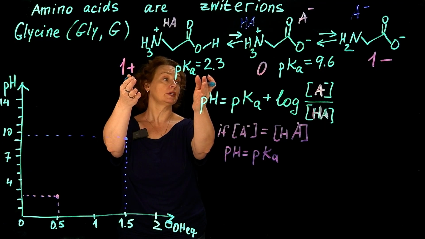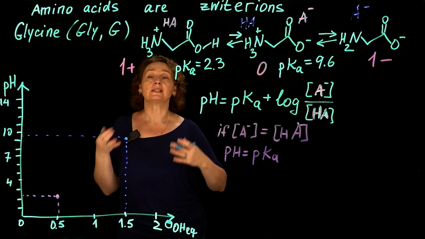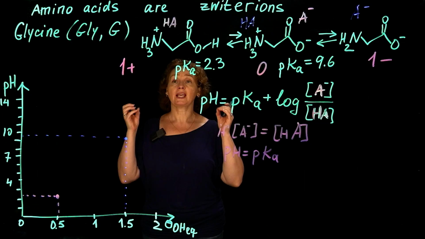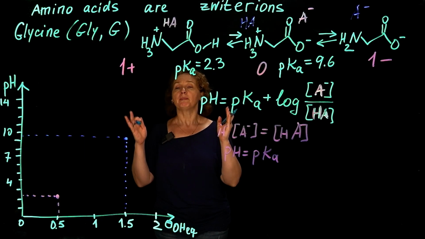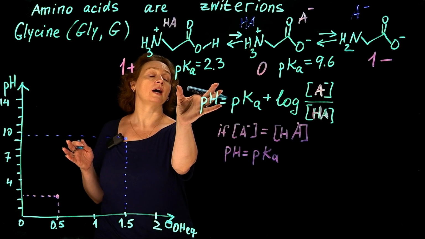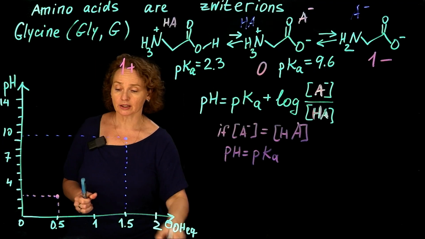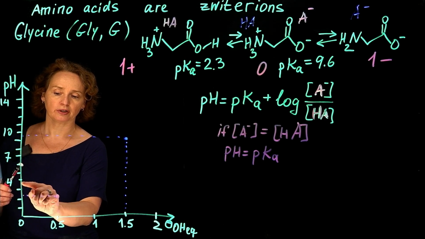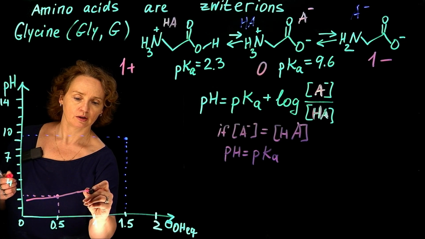So how do we connect those points? Definitely, here we are dealing with a weak acid. So solutions of weak acids and weak bases are known as buffer solutions. And that means that they can keep their pH stable, but that happens within plus or minus 1 unit of pH with respect to the pKa. So we can say that from around 1.3 to 3.3, we have a very low slope of that curve.